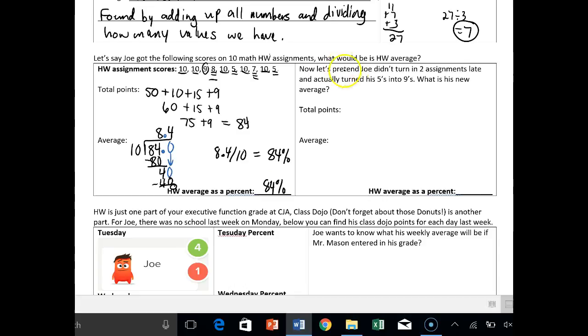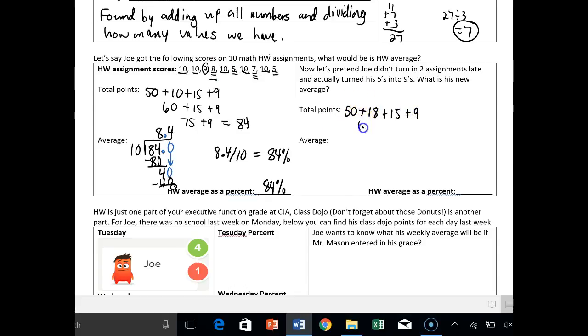All right. Now let's pretend Joe turned in 2 assignments late. These 2 5s, right, were late assignments. But he actually turned those 5s into 9s. What's his new average? So basically what we do is we redo this, but instead of having these 5s, we have 9s. So when we add this up, it becomes 50, not plus 10 this time, but if these were 9s, that's plus 18 plus 15 plus 9.